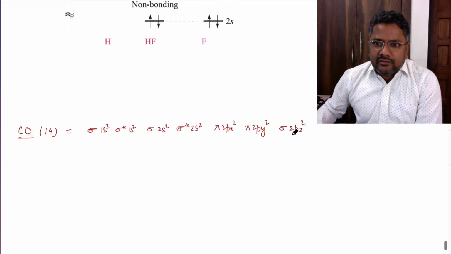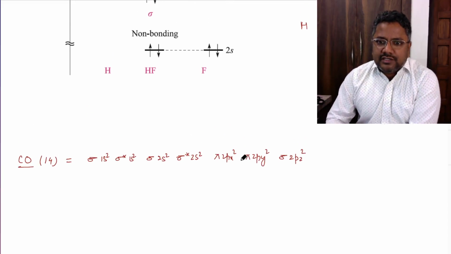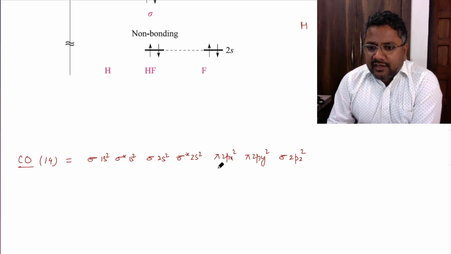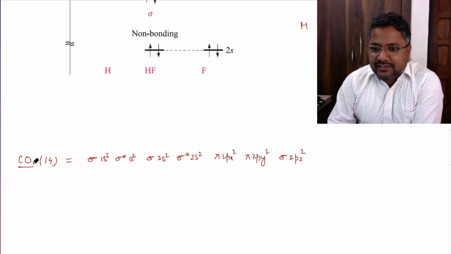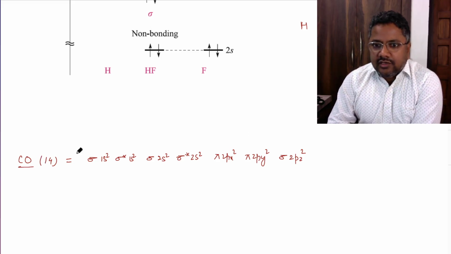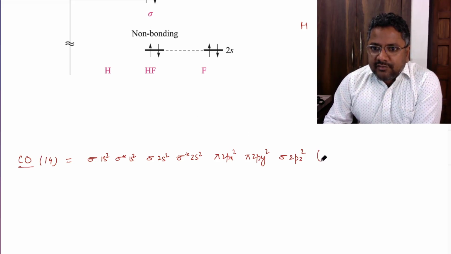So people are trying to use this molecular orbital energy order to do the electronic configuration of carbon monoxide, despite this being a heteronuclear molecule. So what is happening? This is diamagnetic.